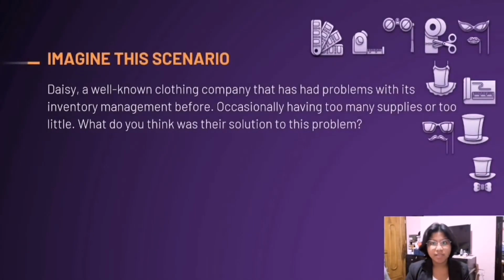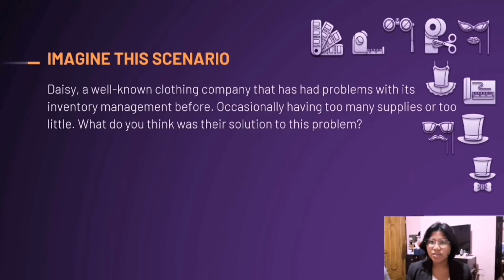Before we start with the discussion, let us first have a scenario. Let us imagine this scenario. Daisy is a well-known clothing company that has had problems with its inventory management before, occasionally having too many supplies or too little. What do you think was their solution to this problem?